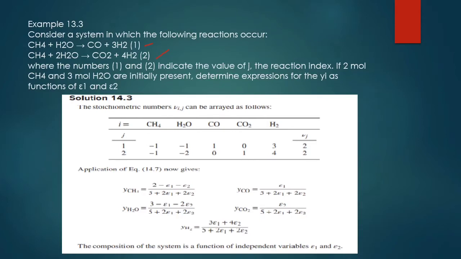If 2 mole CH4 and 3 mole H2O are initially present, determine the expression for y_i as a function of epsilon_1 and epsilon_2.